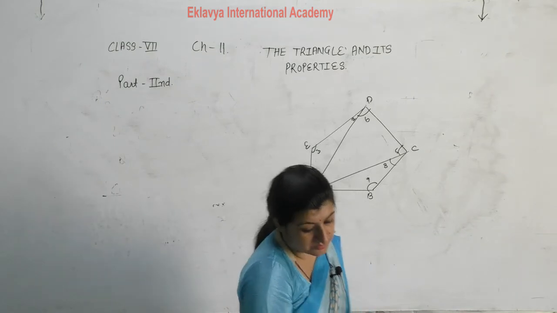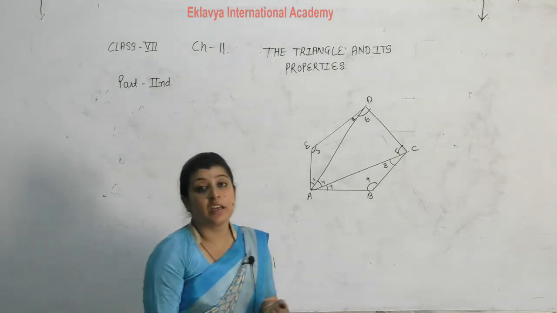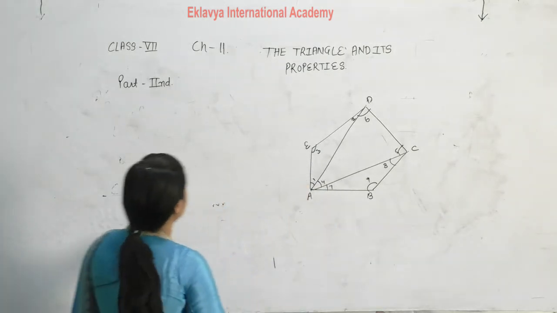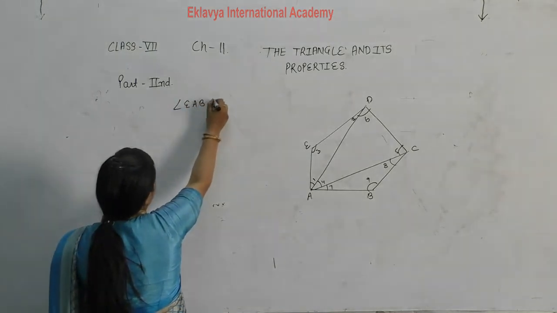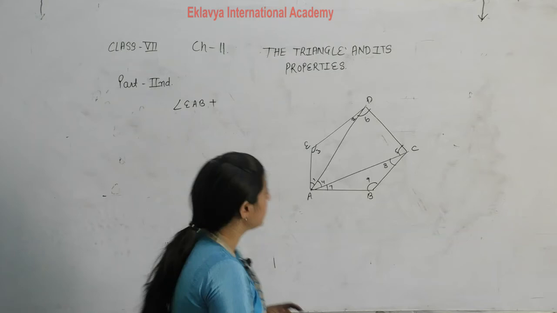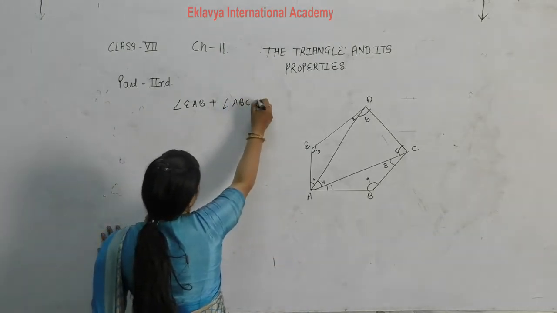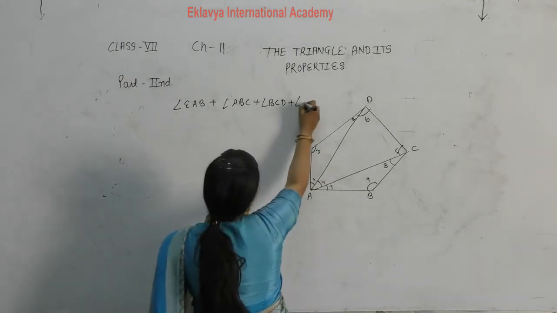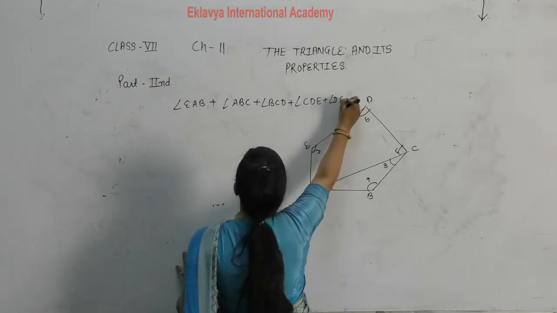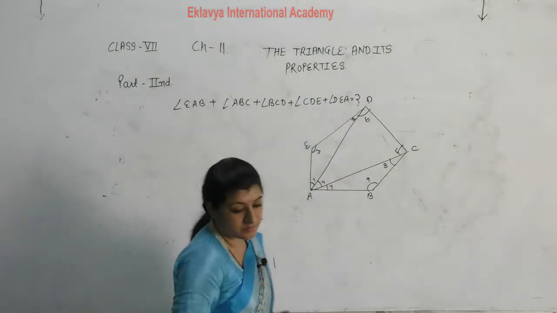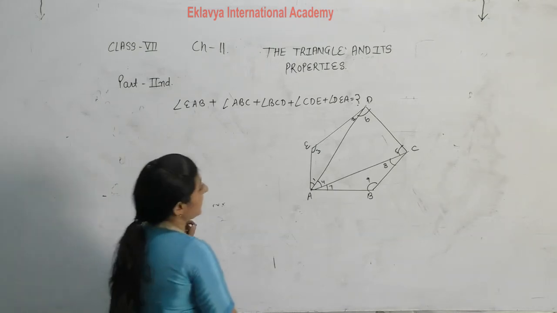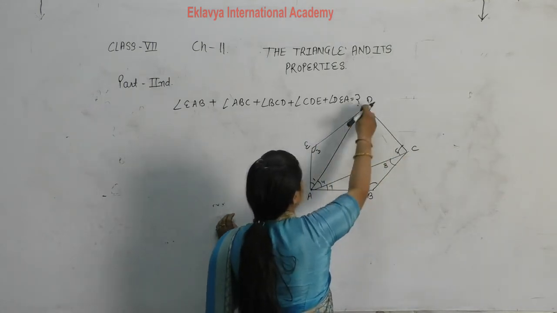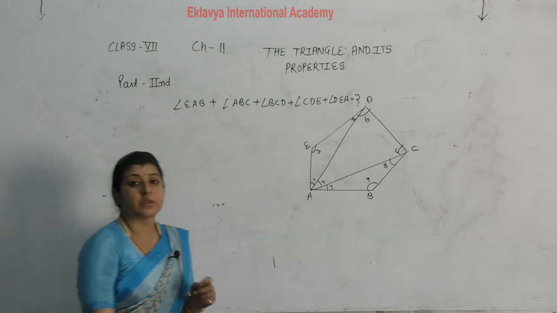Total 9 angles. The question is: in this given figure, find the sum of the angles EAB plus ABC plus BCD plus CDE plus DEA. We want to find out EAB, ABC, BCD, CDE, DEA. What will be the sum of all these angles?